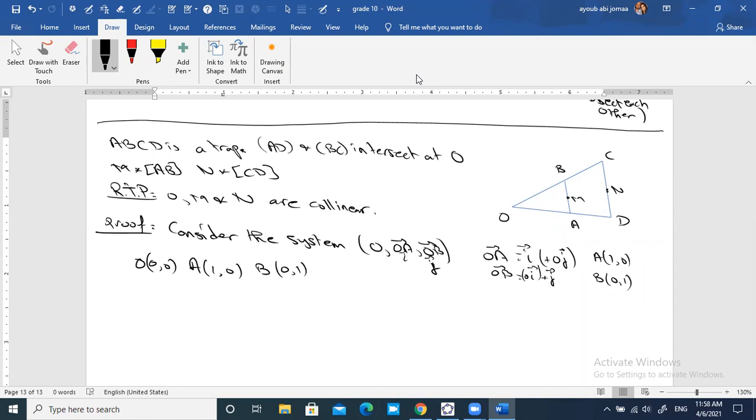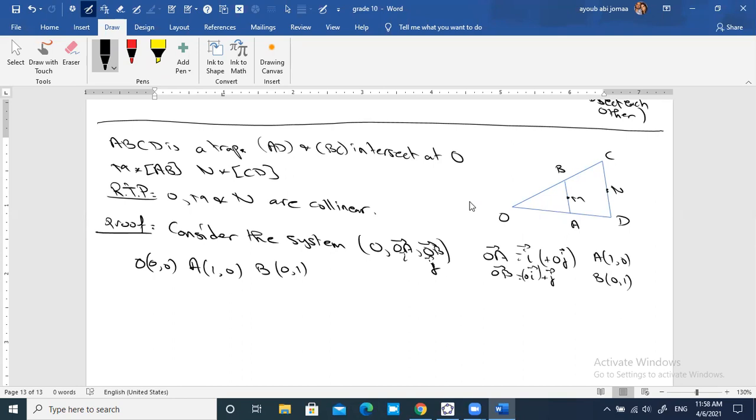Now we have to find the coordinates of C and D. Here you can't determine the exact values. I mean, let's say 2, 0 or 0, 2. But the only thing given is that ABCD is a trapezoid.